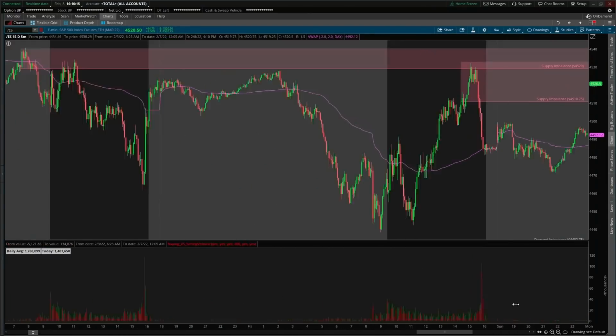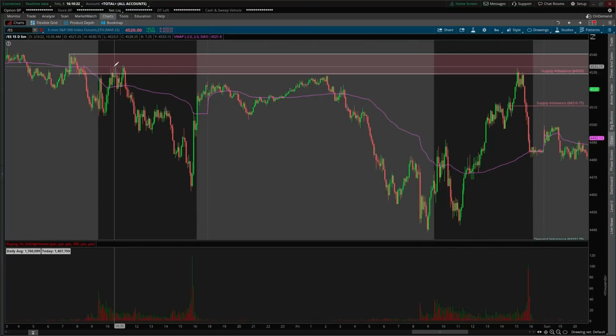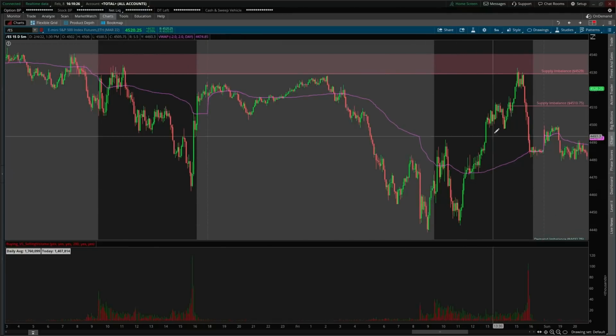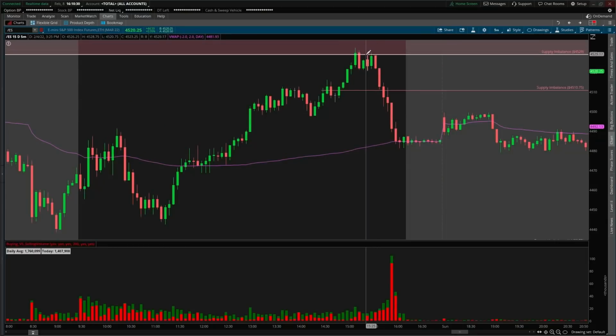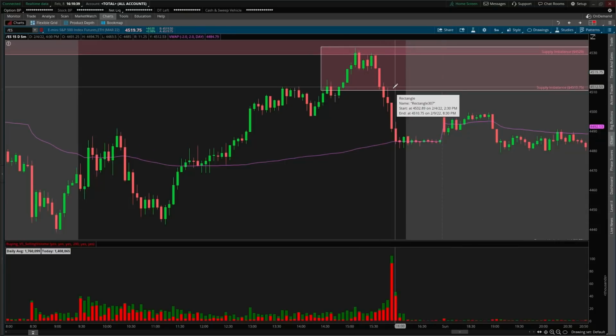What happened on Friday and the day was, I'm going to remove this for now. We came into a key supply zone that rejected once on Thursday. The following day had a nice rally into that and a nice sell-off. This end of day sell-off on Friday provided a nice opportunity for a move down that I know a bunch of members capitalized on the downside move, but this formulated a new supply zone.